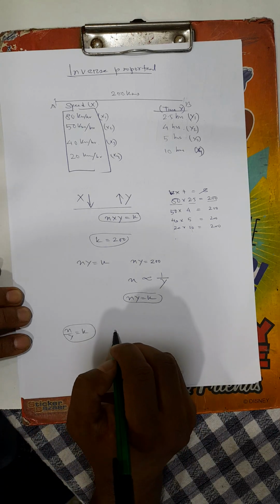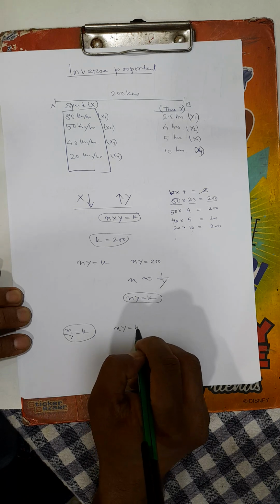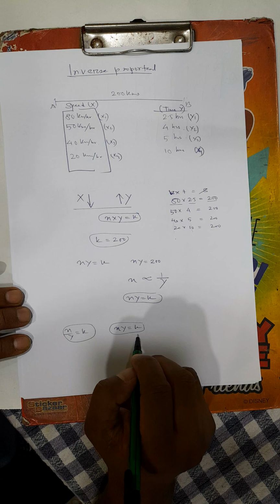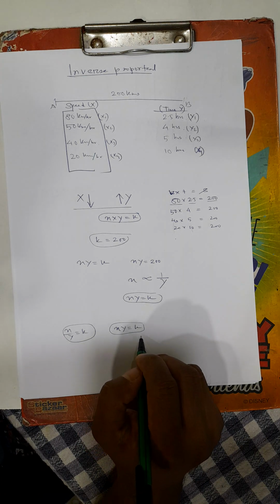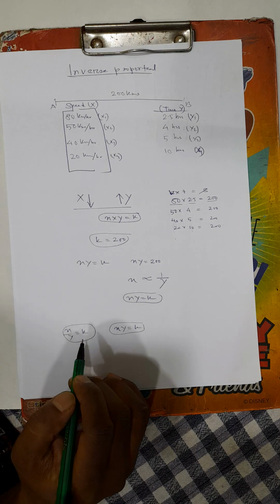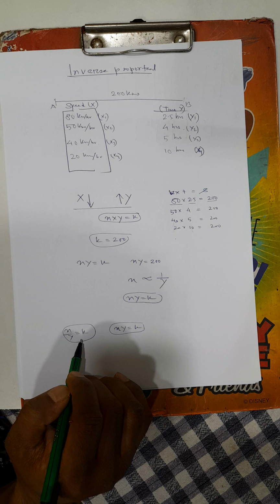And in case of inverse proportion, x into y equals k. Two quantities x and y are said to be inversely proportional if their product is always constant. Whereas in case of direct proportion, two quantities are said to be in direct proportion if their ratio is always a constant.